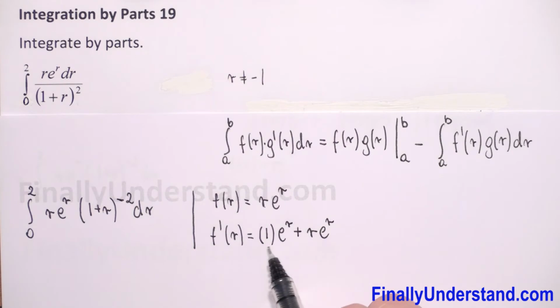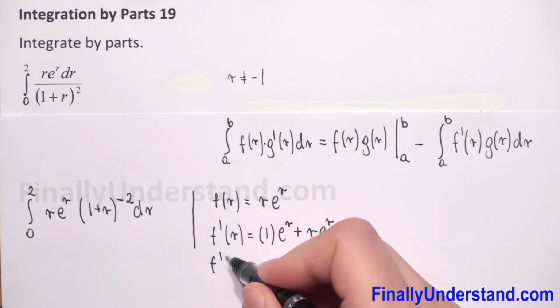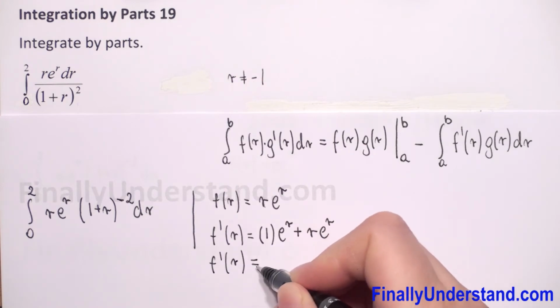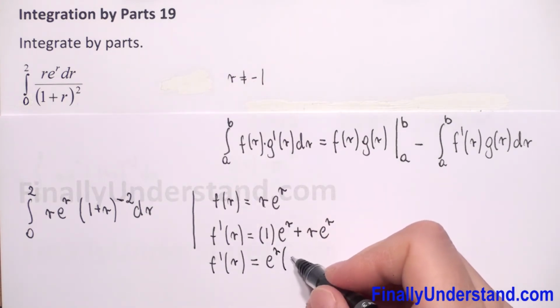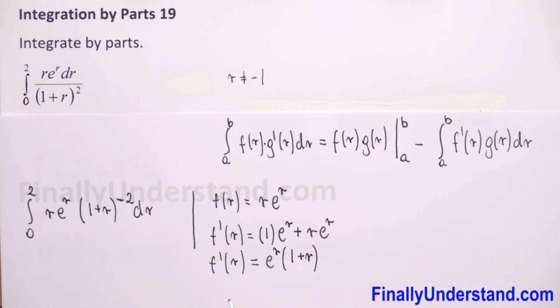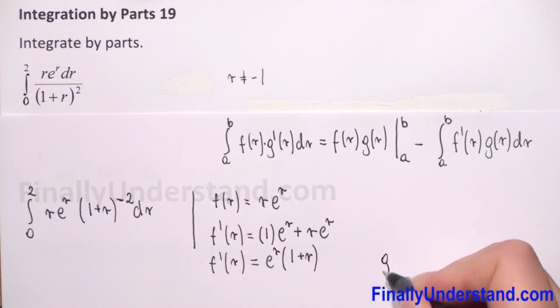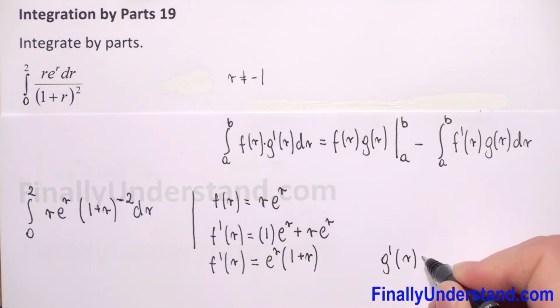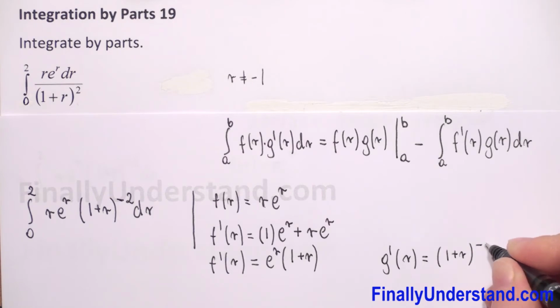What we can do here, we can factorize e to power r, so we will have f prime of r equal to e to power r, and in parentheses we will have 1 plus r. We have f prime. Now whatever is left is our g prime. So this is equal to 1 plus r to power -2.